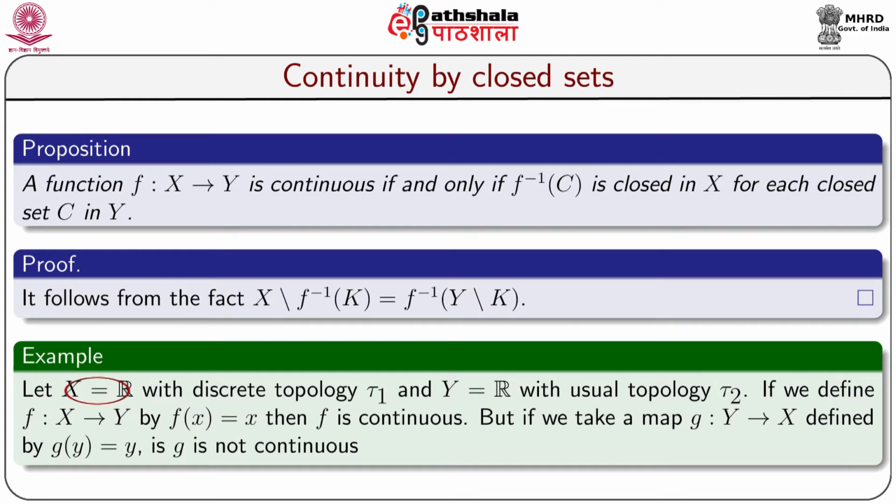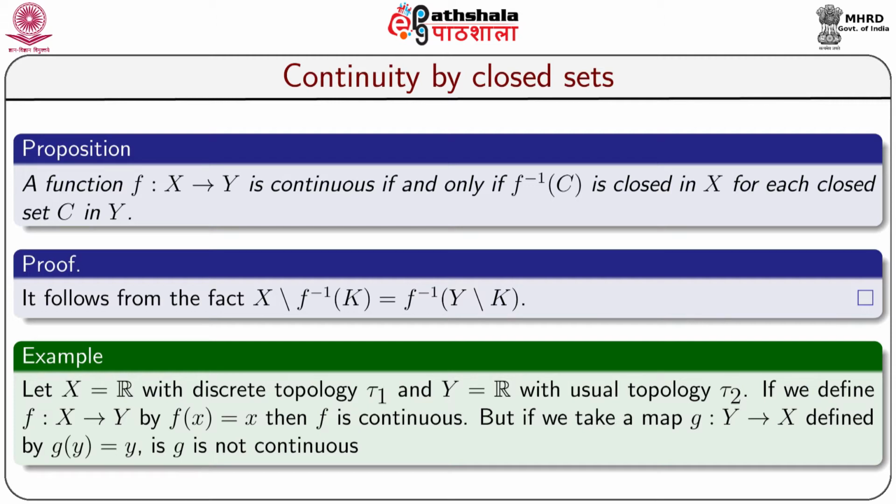Let us see the following example. Let X be R with the discrete topology tau 1 and Y be R with the usual topology. If we define a function f from X to Y by f(x) equal to x, then what happens? In fact, this is the identity mapping from R to R. When going from the discrete topology to the usual topology, it is continuous.